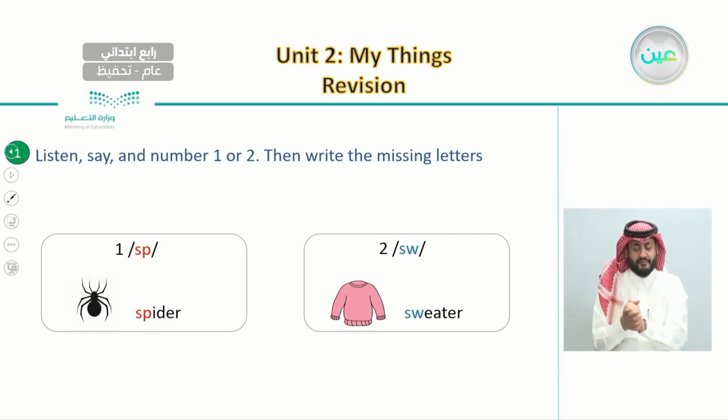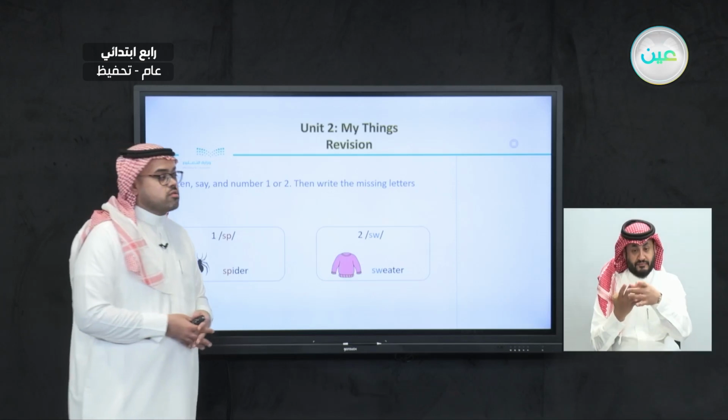If they have the first sound, we say they are number 1. If they have the second sound, they represent the sound of number 2. And the fourth thing is that we need to write the missing letters. So here we can see different missing letters, and we need to write these letters down. So those are the 4 things we did in the last exercise.